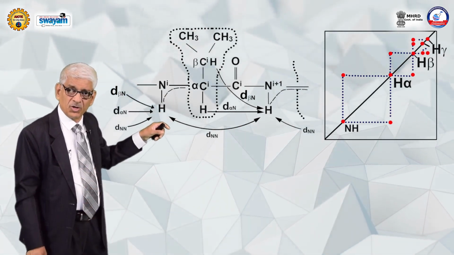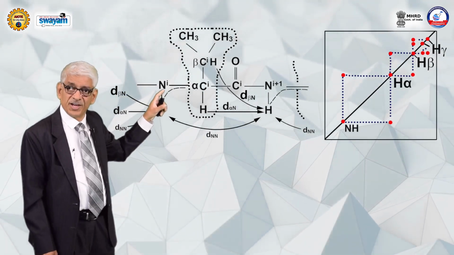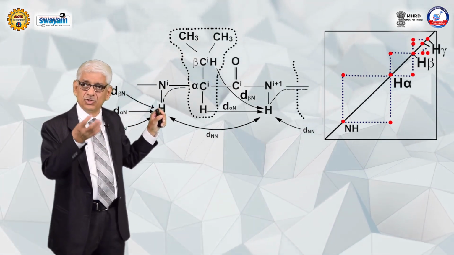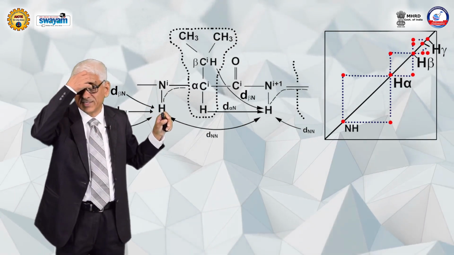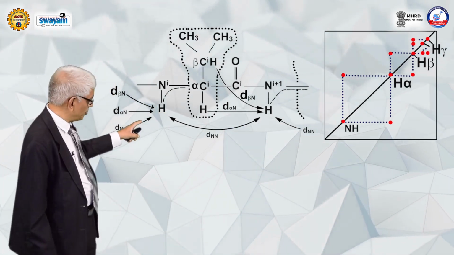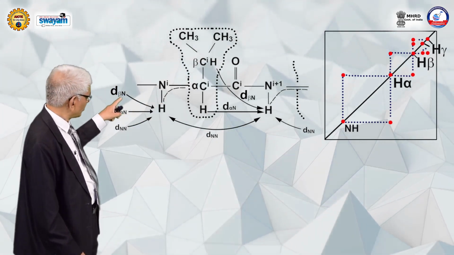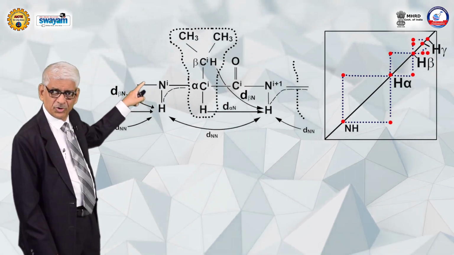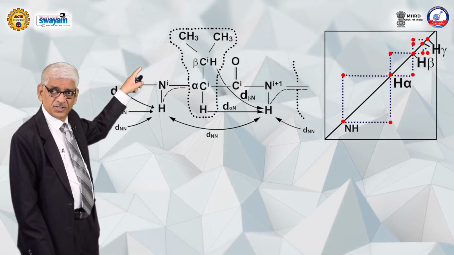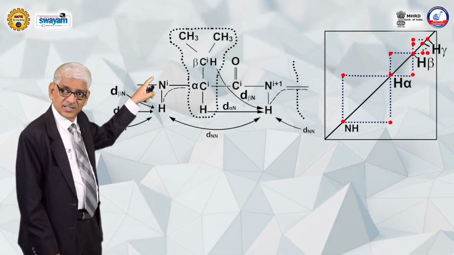Therefore, what do you get in your COSY spectrum? The COSY spectrum displays all the couplings in your molecule, so you will see only those cross peaks of a particular amino acid. In the spectrum, you have the cross peak from the amide proton to the alpha proton, from the alpha proton to the beta proton, and from the beta proton to the two gamma protons, all indicated by red symbols.